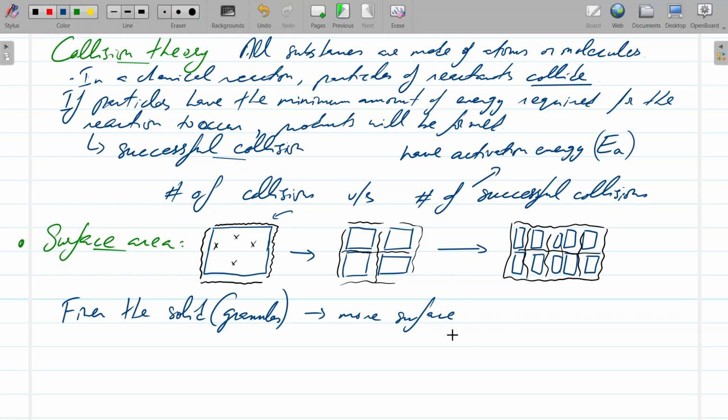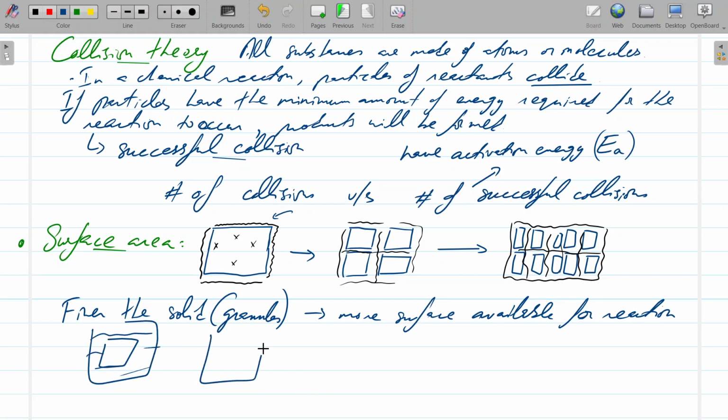What would happen if you put a lump of metal into a liquid as opposed to granules? You've got a lot more surface area for the reaction to occur, and so it's going to occur very fast. This will also occur, it's just going to be slower.